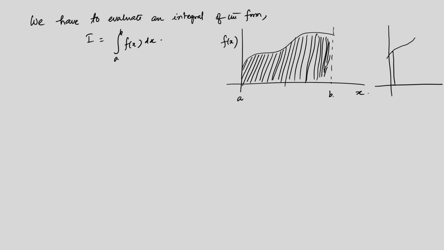Now, if we make a grid like this and make the grid small enough, so that each of them looks like a rectangle or a trapezium or a quadrilateral, then of course we can find out the area of a quadrilateral and sum all of them up in order to get the area under the curve. This is quite easy to do, and you can increase the accuracy of the method by choosing smaller and smaller intervals.